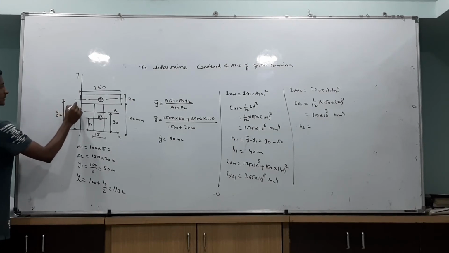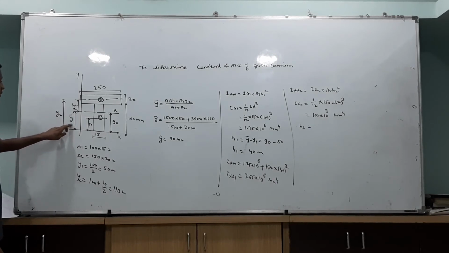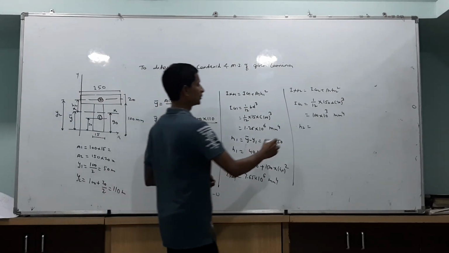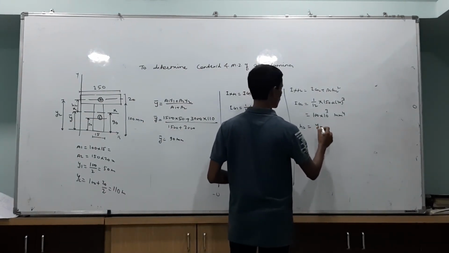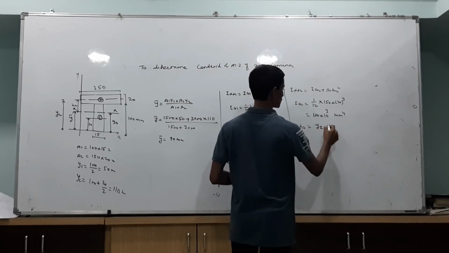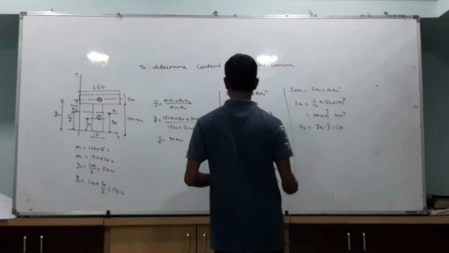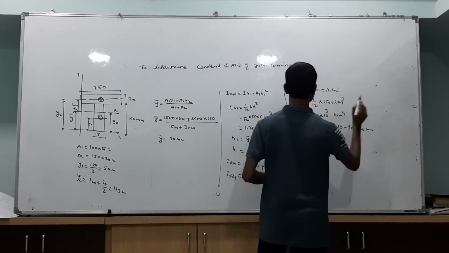So H2 is y2 minus y bar, or you can calculate y bar minus y2. So H2 is equal to y2 minus y bar. y2 is 110 and y bar is 90. So H2 is 20 mm.